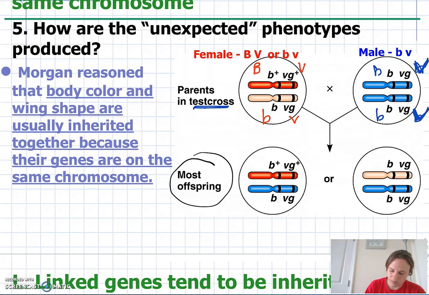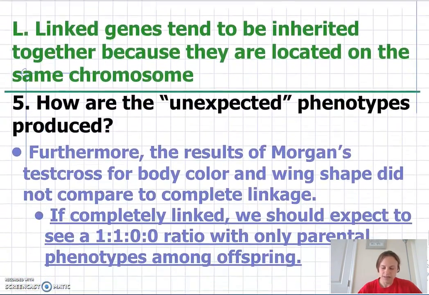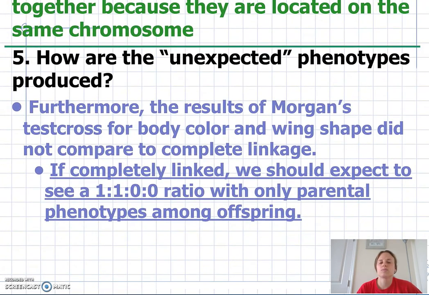Where he ended up with the parental genotype, right? But then there were some that did not look like this, the unexpected phenotypes. Now, if these genes were completely linked, we should see a 1:1 to 0:0 ratio.